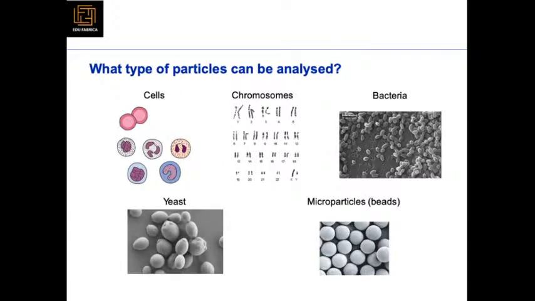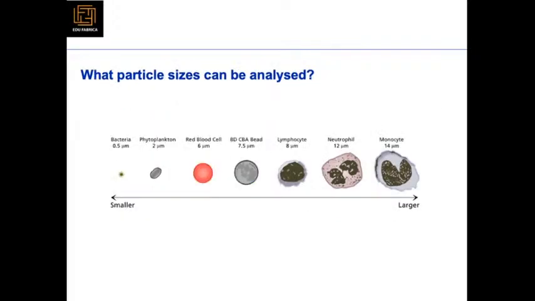So what types of particles can be analyzed? Basically cells, chromosomes, bacteria, yeast, microparticles. All these particles, organisms, and cellular structures of different sizes can be measured. The particle size that can be analyzed is from 0.5 micrometer to 14 micrometer.